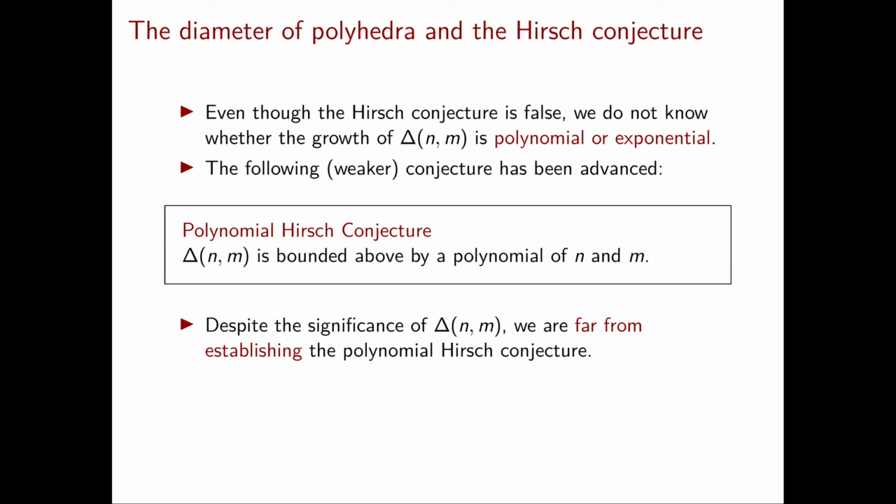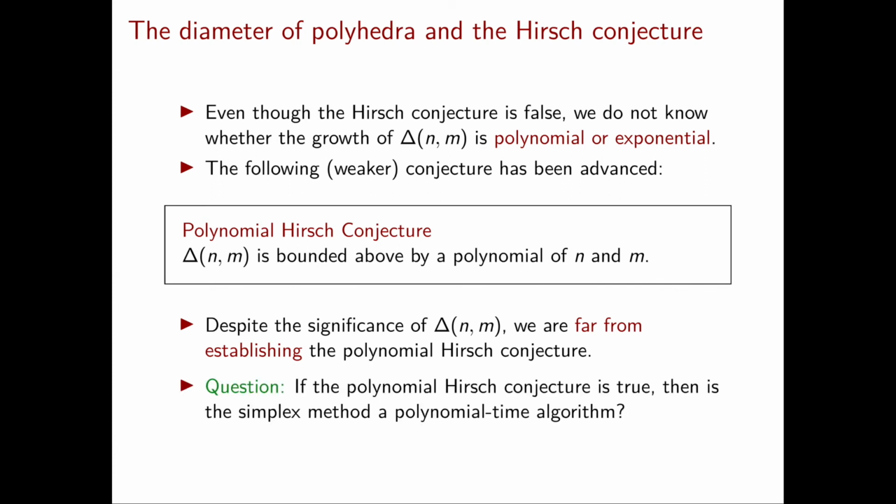So it doesn't specify which polynomial, any one would work. The polynomial Hirsch conjecture is still open and is one of the most important open problems in discrete geometry. Not only is this conjecture still open, many researchers also believe that we're really far from establishing if it's true or false. So there are two cases.